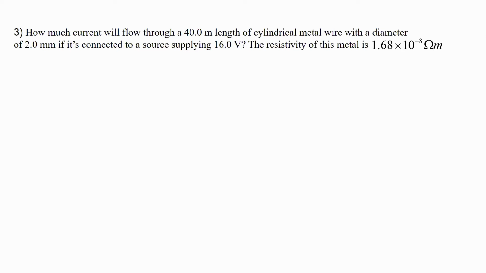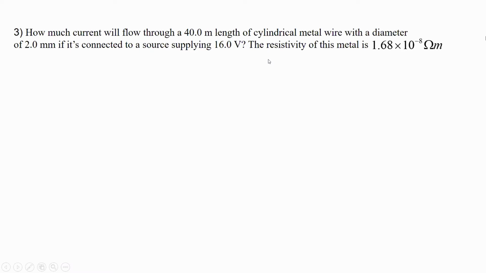It's just a small issue in terms of points, but if you want to calculate the area, which you will have to in this case, you want to convert this to radius. And so, okay, this wire is connected to a power source of 16 volts. And the resistivity of this metal is given as 1.68 times 10 to the minus 8 ohm meters.